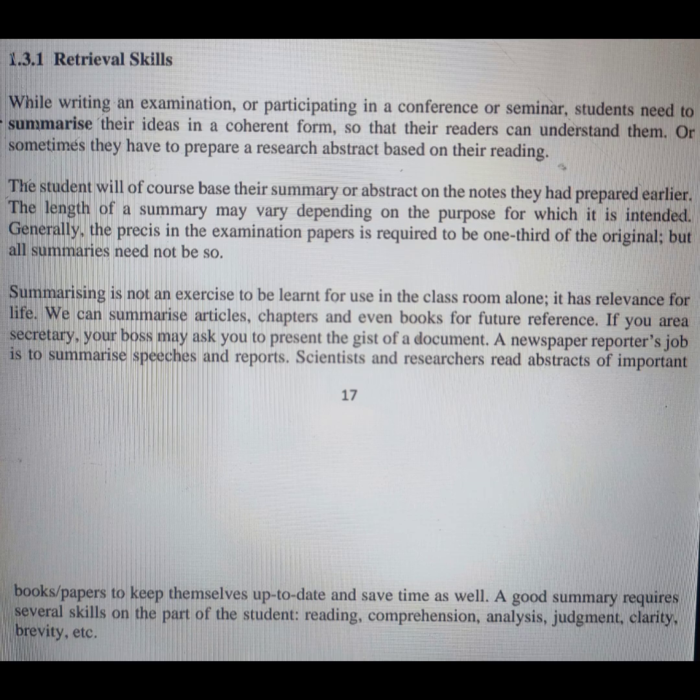A newspaper reporter's job is to summarize speeches and reports. Scientists and researchers read abstracts of important books, papers to keep themselves up to date and save time as well. A good summary requires several skills on the part of the student: reading, comprehension, analysis, judgment, clarity, brevity, etc.